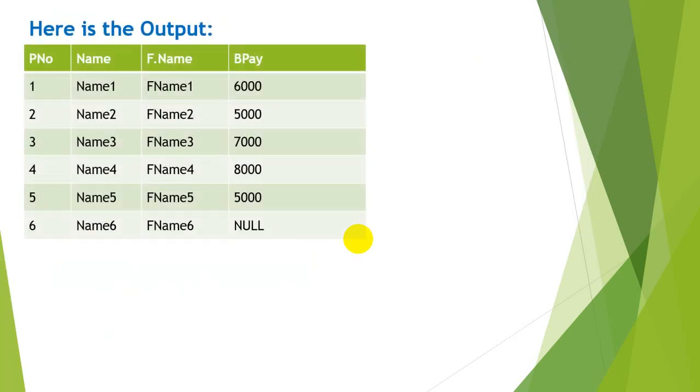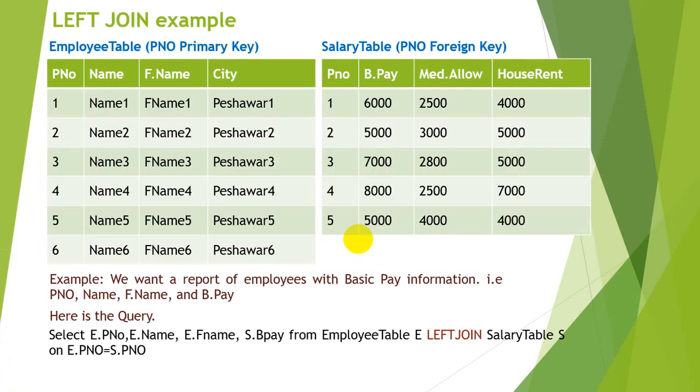Here you can see it has retrieved a total of 6 records. In inner join we retrieved 5 records, while in left join we have retrieved 6 records, because the left table is our employee table, and the employee table has 6 records. It will retrieve all records from the left table, plus the common records from both tables as well as the uncommon record.